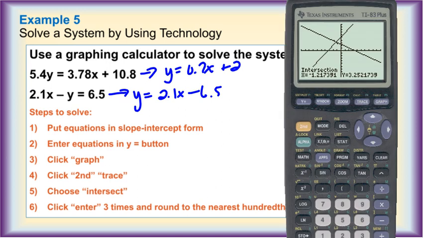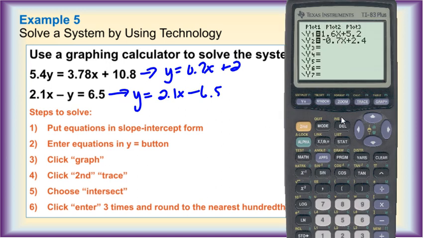Take our calculator again. Go to y equals, we have 0.7x, and then we have plus 2. And the second one, we have 2.1x minus 6.5.